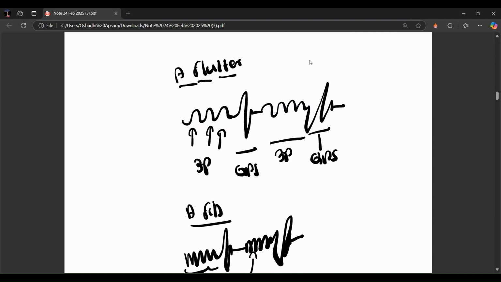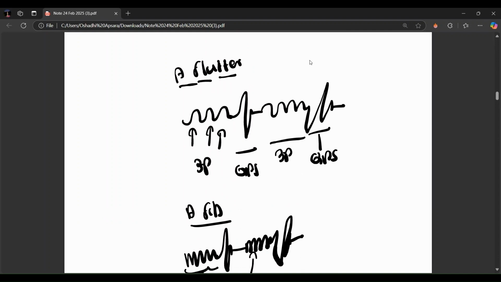In the ECG, in atrial flutter, you could see P, P, and then one QRS complex, again P, P, QRS complex.